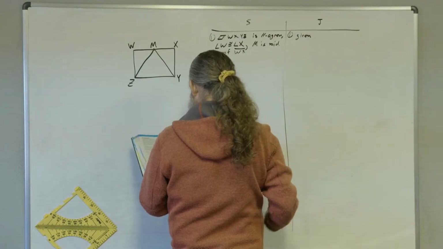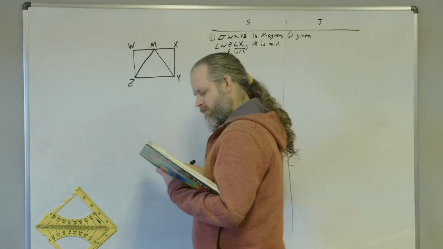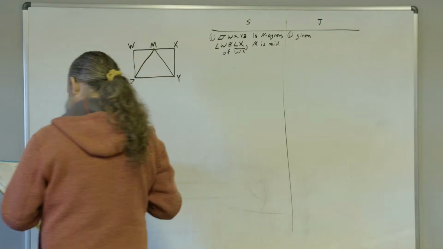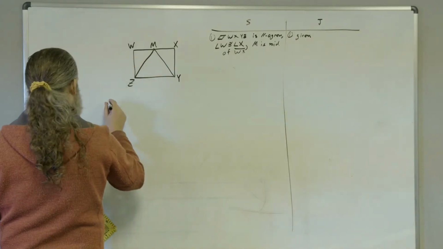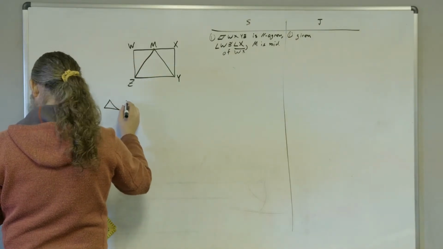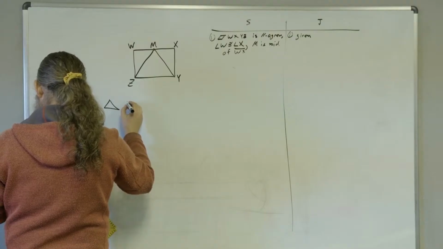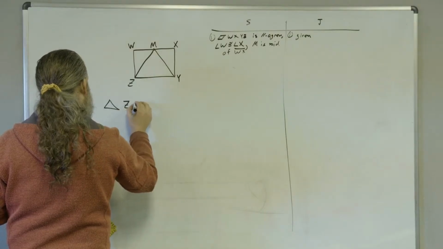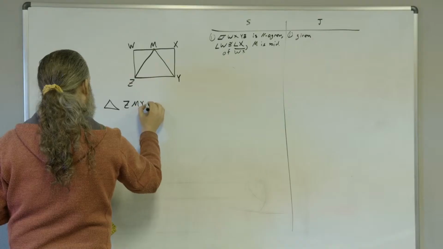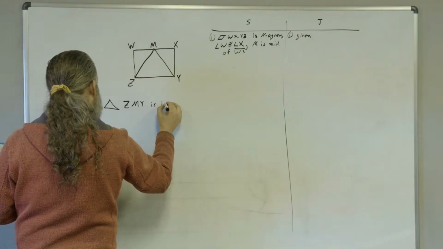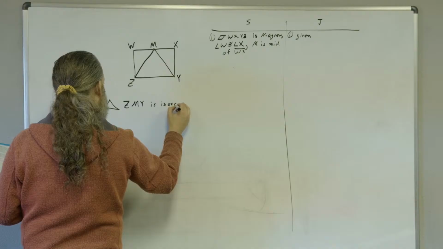And we're supposed to write a paragraph proof, but I tell you not to do that. We want to prove that triangle ZMY is isosceles.